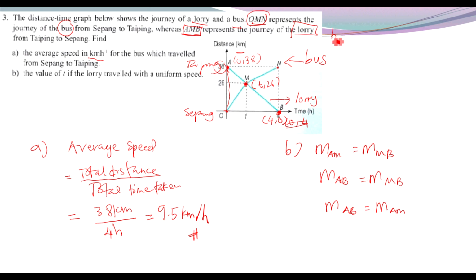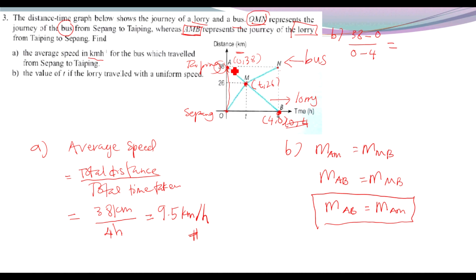The answer for B I write here. I use AB and AM. Gradient for AB is 38 minus 0 over 0 minus 4, equals gradient AM.